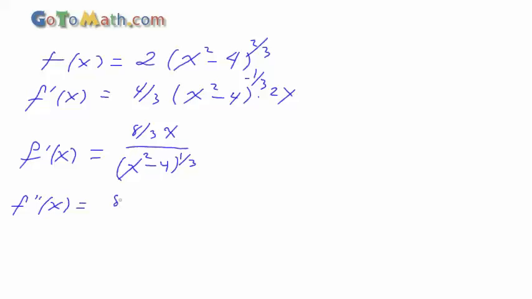This time we use the quotient rule. So the derivative of the numerator is 8/3 times the denominator, easy enough, minus the numerator times the derivative of the denominator. Did I say that right? The numerator times derivative of the denominator. Okay.